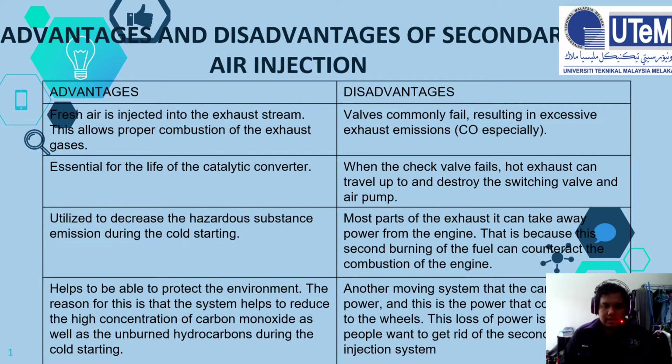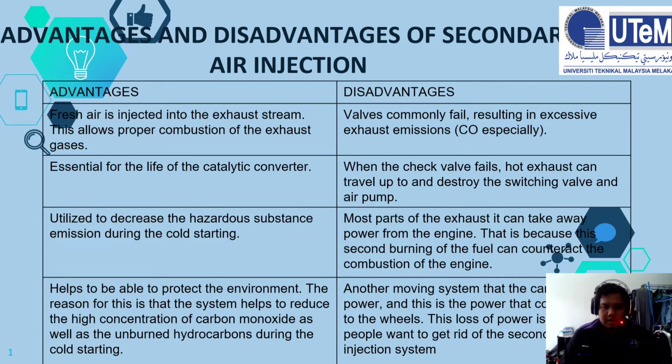Okay, now the disadvantages of a secondary air injector. In this secondary air injector, the valve is a common failure, resulting in exhaust emission, CO especially. Next, when the valve fails, hot exhaust can travel through and destroy the switch valve and air pump. Third, the system can take away power from the engine.